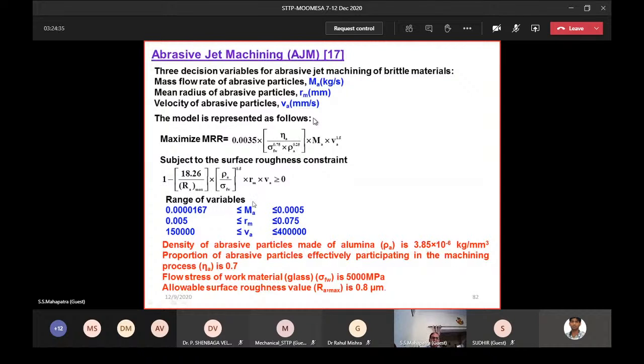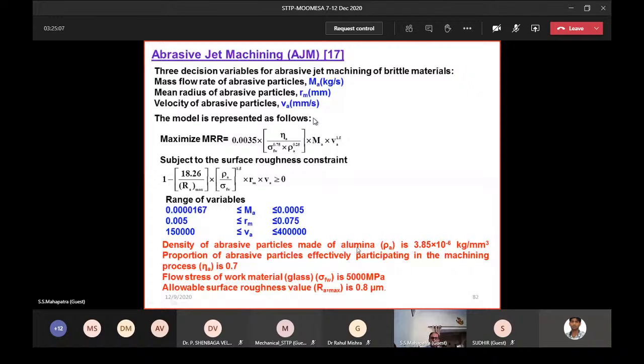So, the range of the variables for 3 variables: MA, the mass flow rate of abrasive particles, will be within this range. Then the mean radius of the abrasive particles, that range is given, and the velocity of abrasive particles, that range is given. The density of the abrasive particles, rho A, is used here, for alumina used as the abrasive particle.